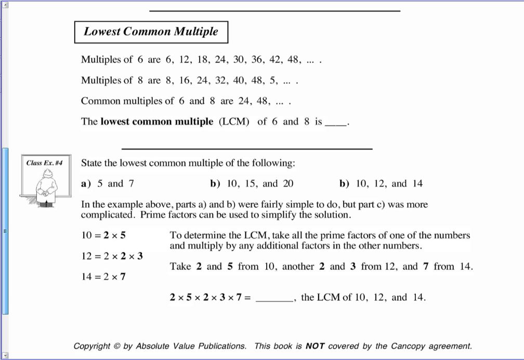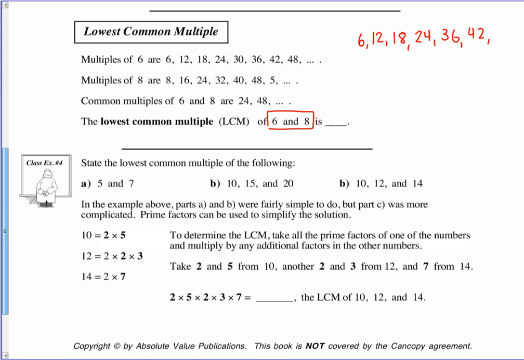Now, back in junior high, you would take your 2 numbers, they were nice and small, and you would write out its multiples. So 6, I go 6, then next is 12, 18, 24, 36, right? At 8, I would do the same thing.